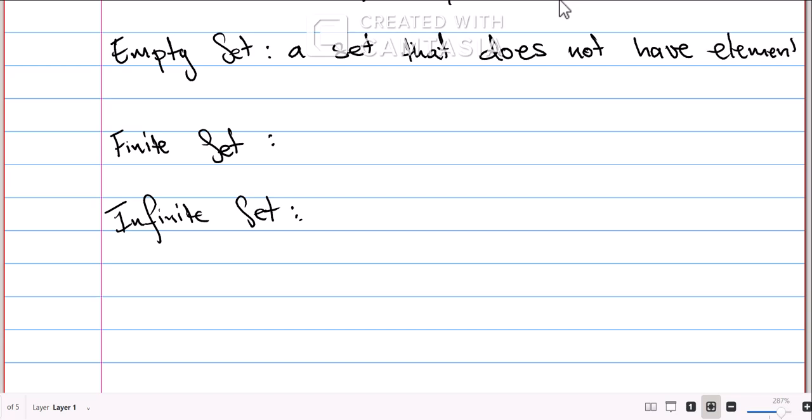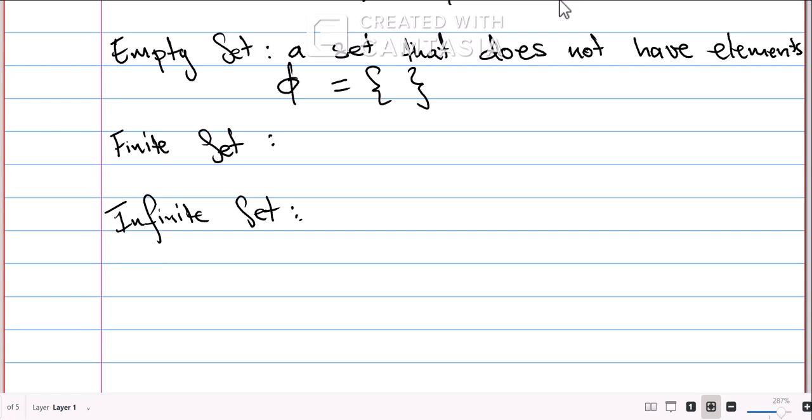It's empty. This is how we denote an empty set, or we can use these curly braces. There are no elements in the set, so we say the set is empty.